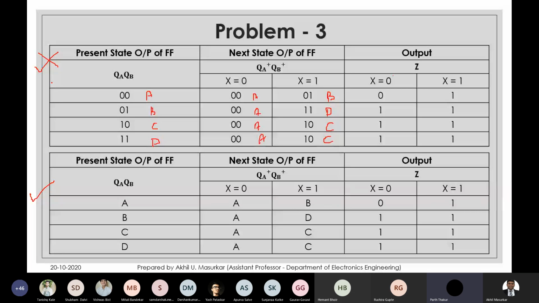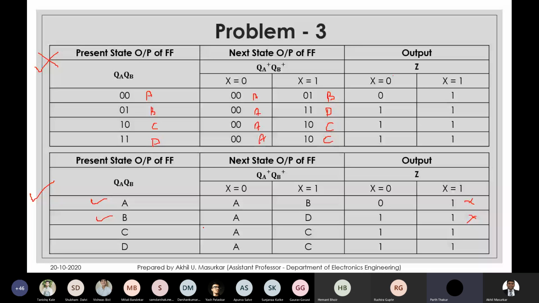No, that is not the answer. Your answer is right, but your justification is not correct. So you can see here, I am asking you whether state A and B are equal or not. So they are not equal because their outputs are not the same. It is 0, 1 and 1, 1, right?